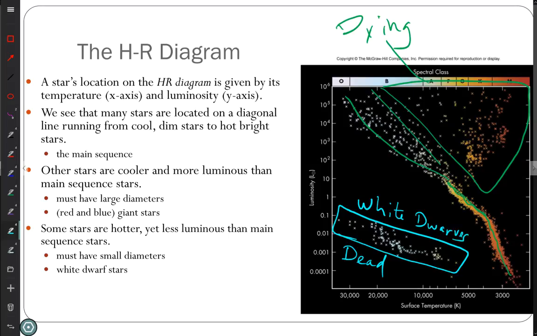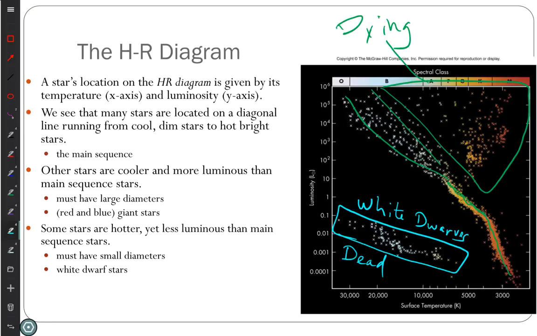They're white dwarfs. And white dwarfs are what I call the bones of a dead star. You can have white dwarfs, you can have neutron stars, you can have black holes. Those are the bones of a dead star. And so that's dead stars down there.